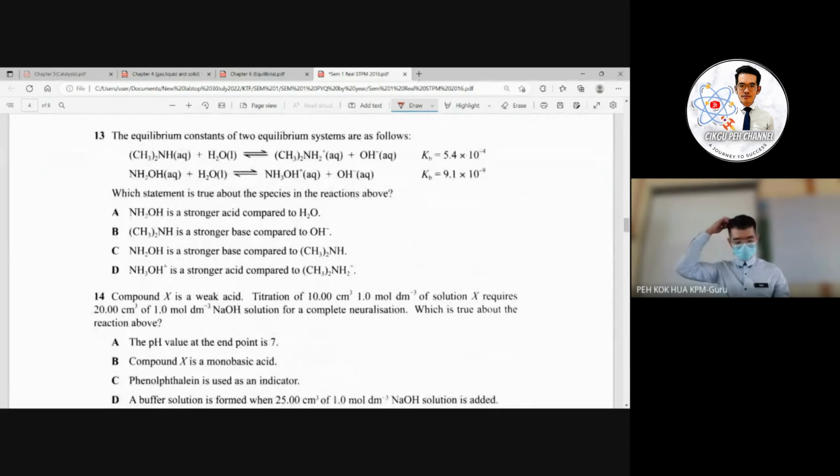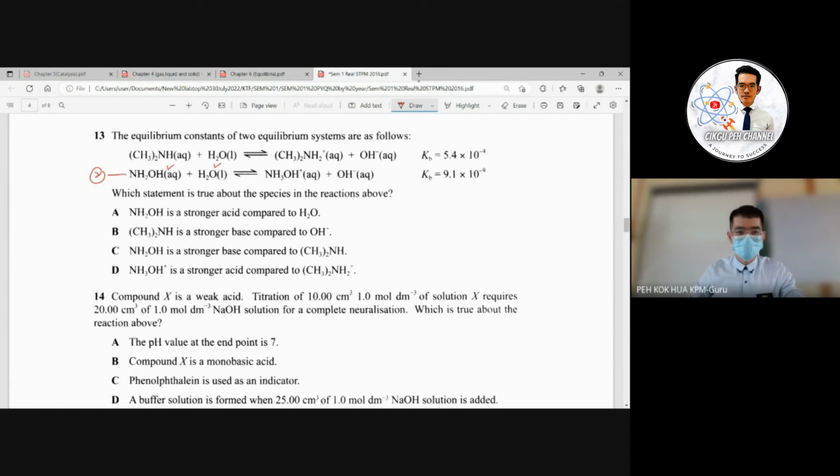Okay, so number 13. The equilibrium constants of two equilibrium systems are as follows. Here we have two equilibrium equations. For the first one, NH2OH is a stronger acid compared to H2O. So we have to look at the second equation. A compares NH2OH together with water.